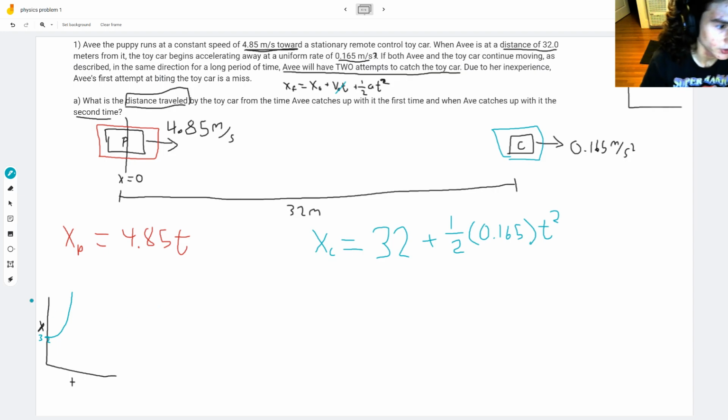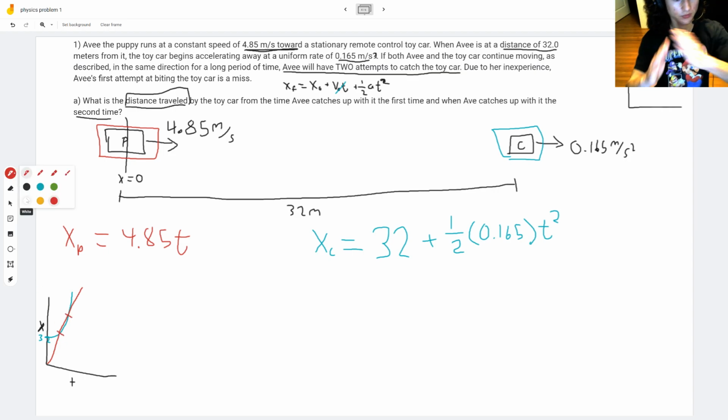Next, I'm going to include the dog's position. The dog is starting at 0, but then it's going up at a rate of 4.85. That should be a straight line, but basically it's saying that there are 2 points of collision where it is the same value.